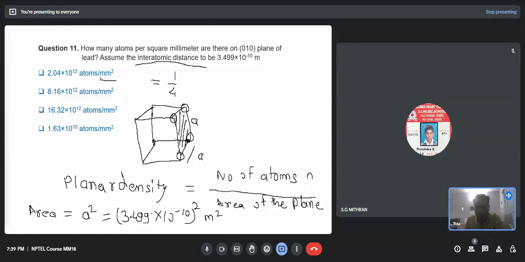They asked in square. So either we can change this value after putting it in this planar density formula or before itself.